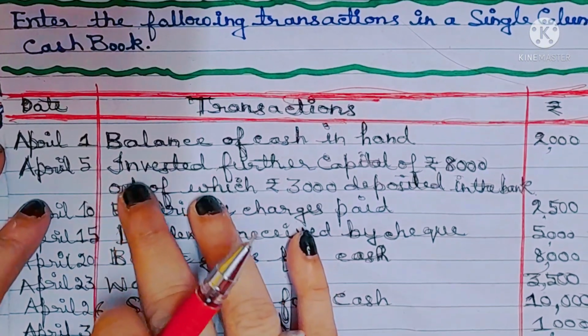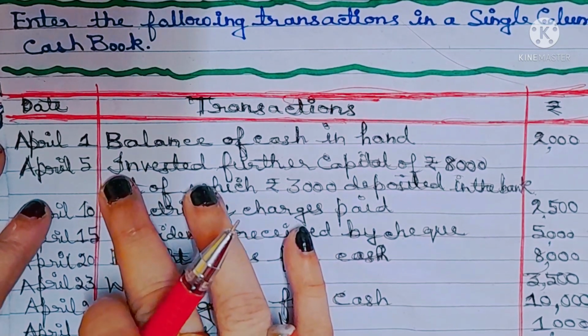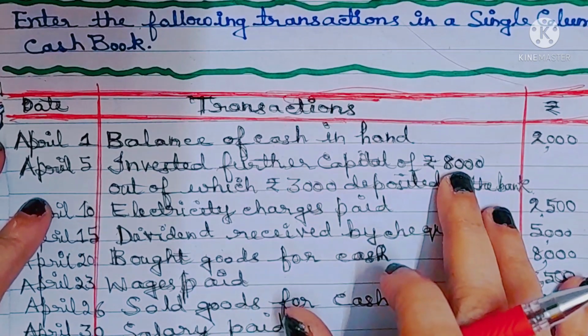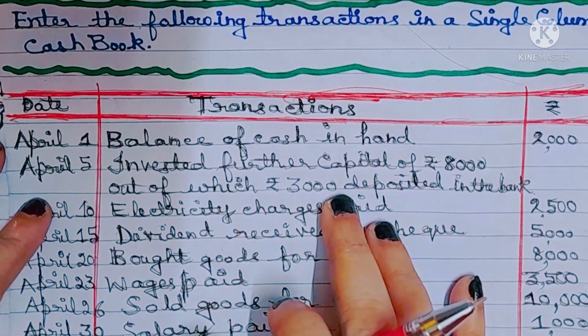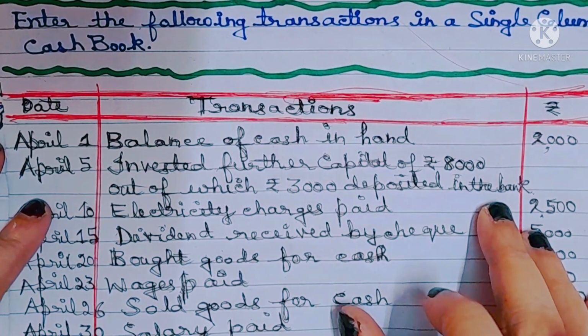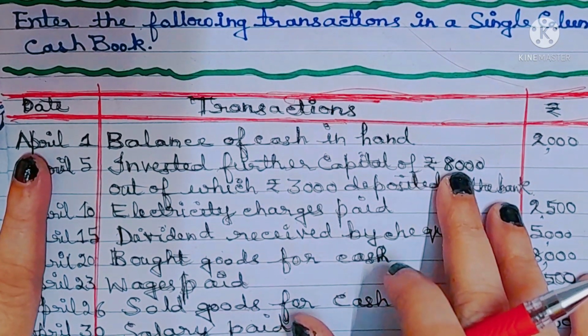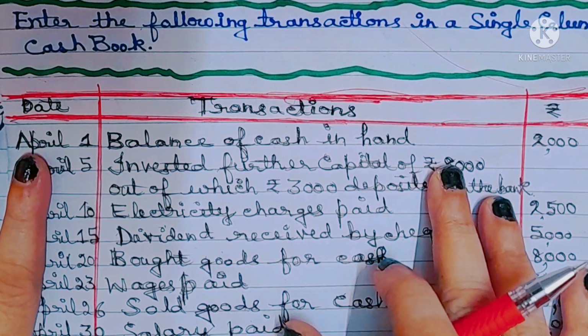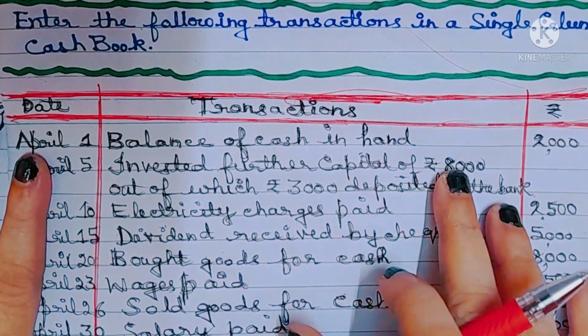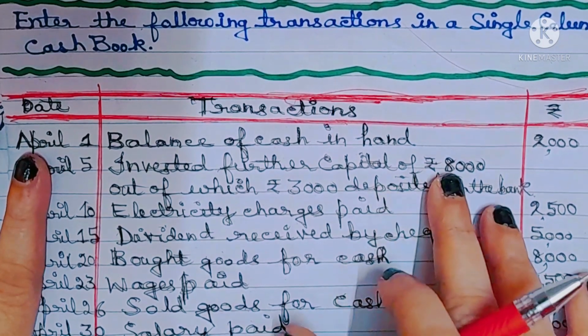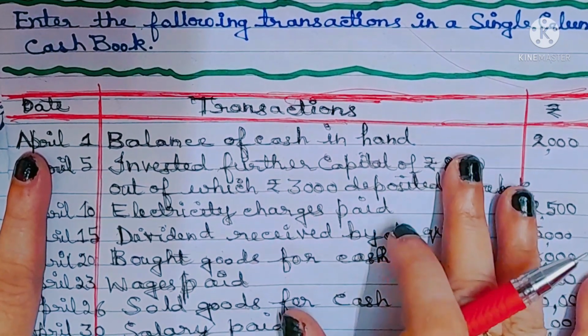The next transaction is on 5th April, invested further capital of 8000, out of which 3000 deposited in the bank. See, this is not a simple journal entry. This is a compound journal entry or composite journal entry. That means there will be 2 debits and 1 credit.